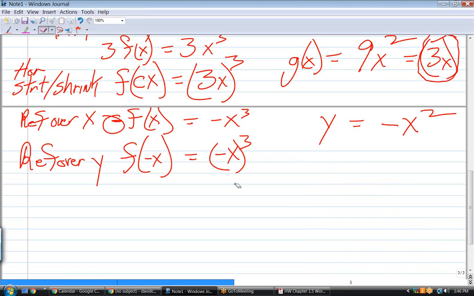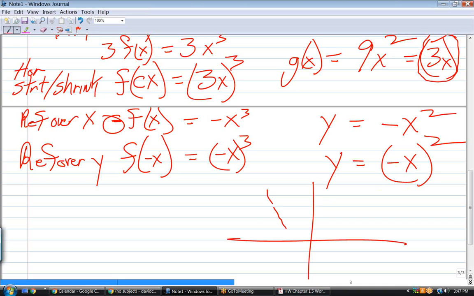If the minus sign is within the function, like the very last one here, in other words, if I said, well, what does this look like? Notice that the minus sign, I'm now taking f of minus x, not f of x, and this is a reflection over the y-axis.